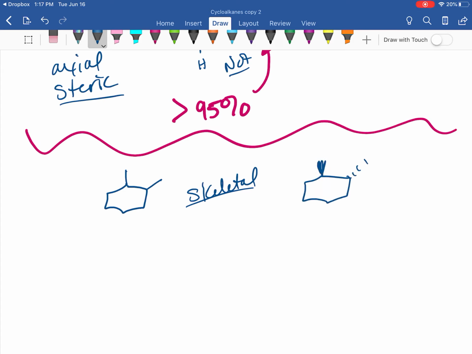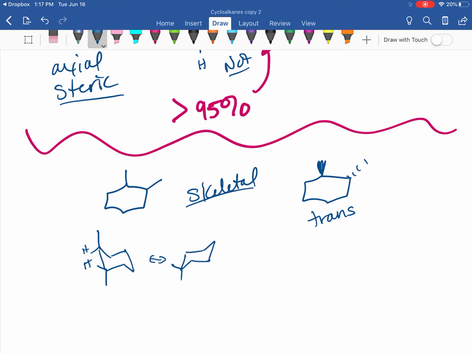Our bolds and dashes would tell us that this is trans. And now our chair is going to tell us our best energy conformation. So these are the 3 ways to legitimately draw that dimethyl cyclohexane.